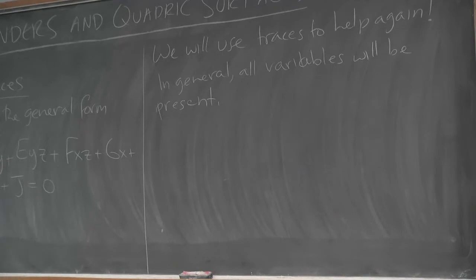But here, all 3 variables will be present. So how do you draw that? Well, the idea is to ignore one at a time, and then you draw what shapes develop from the other 2 variables, and then you put all these traces together to make a 3-dimensional surface. So that's the idea. If all 3 variables are present, we're going to break it down to 2, do it piece by piece, and then put it back together.